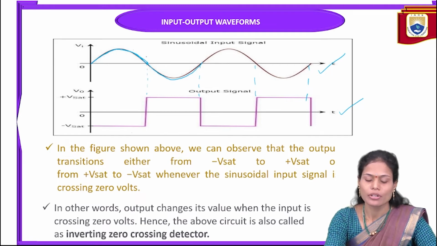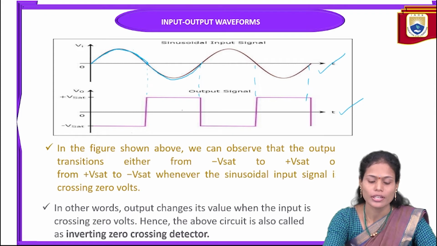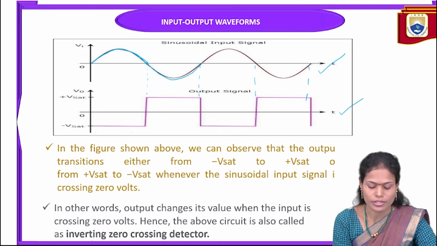Because of that reason, this particular inverting comparator is also called the inverting zero crossing detector. Why? Because whenever the input voltage is crossing 0 volts, there is a change in the output signal or output voltage.